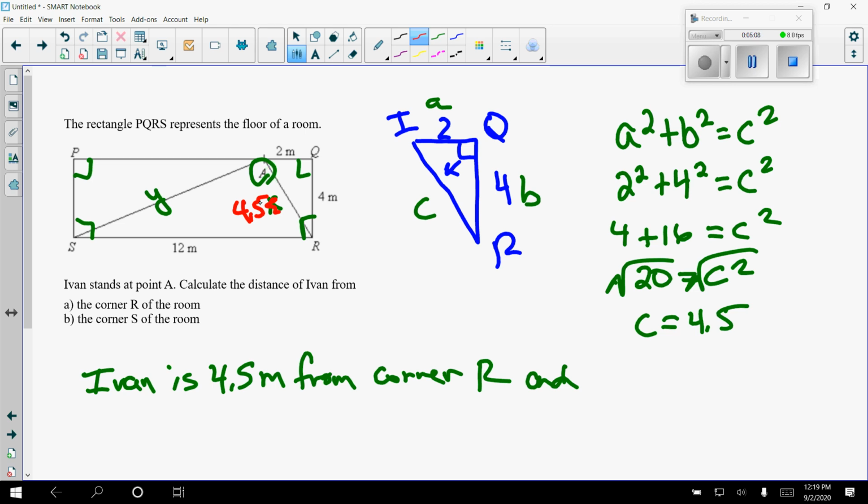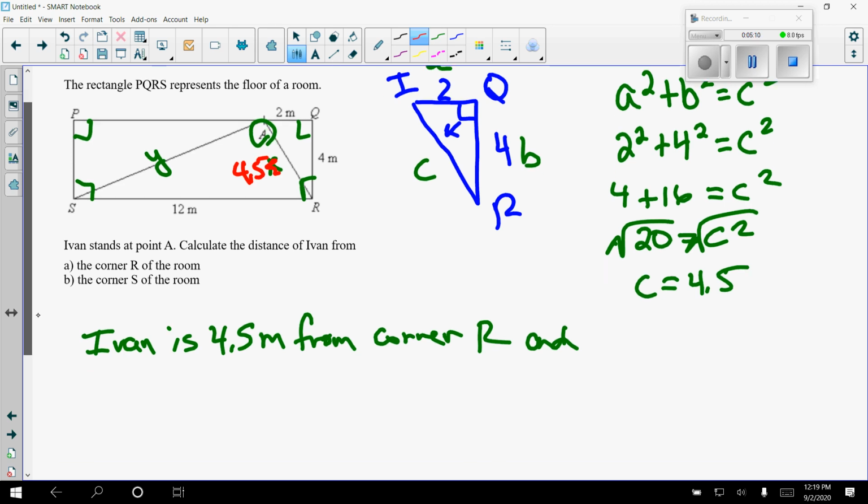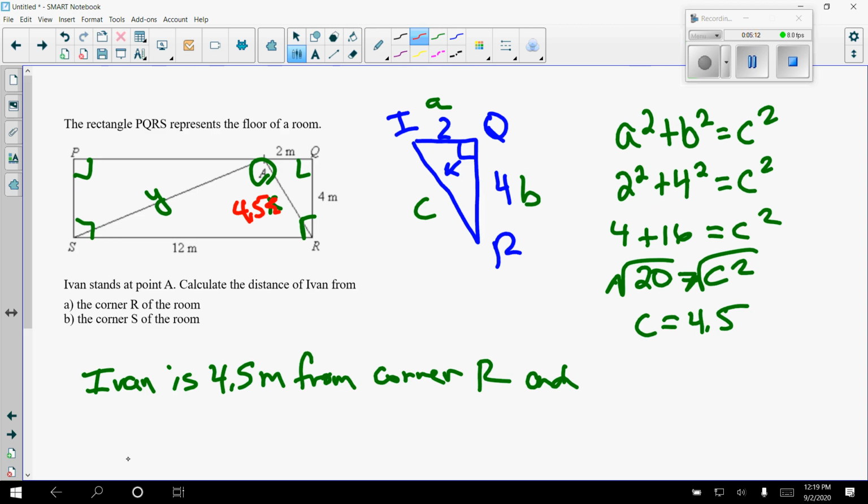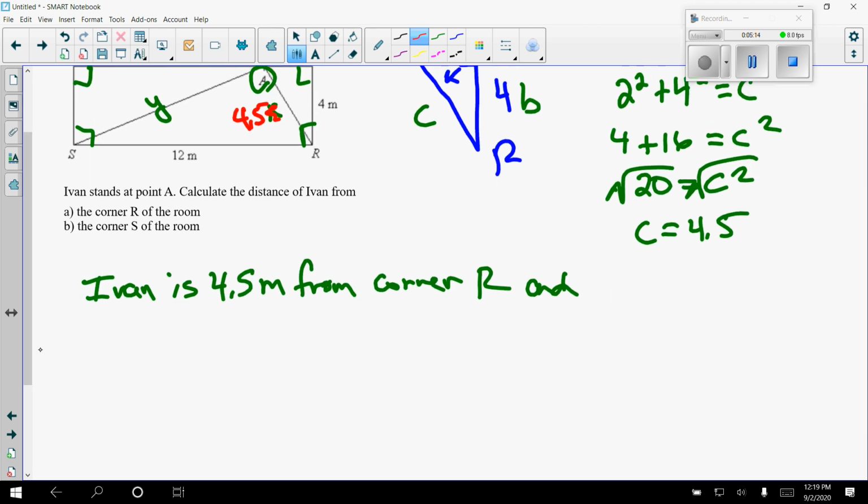So now if I look at that other triangle, I'll try to scroll down a little bit here. Of course it jumped on me. If I look at this triangle, here's my right angle. This is 4.5. This is 12. So this is what I want to find, from Ivan to point S. So, start to label.